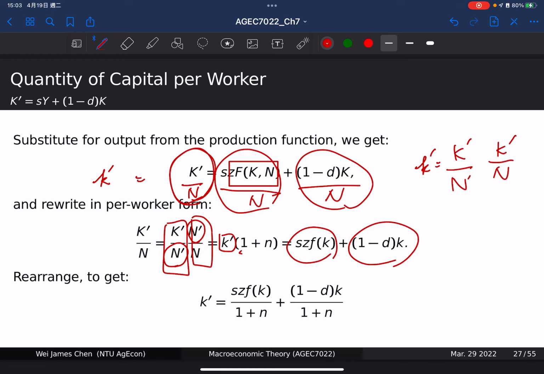And this is 1 plus n, as we defined in the first equation in this model. That's the population growth rate. Remember, n prime equals 1 plus n. So if you divide over here, then that's 1 plus lowercase n.